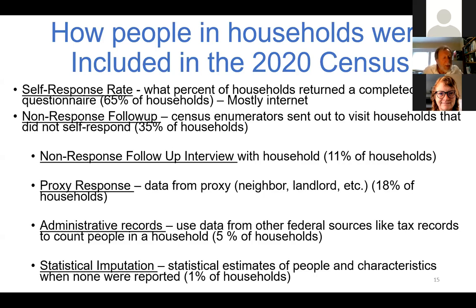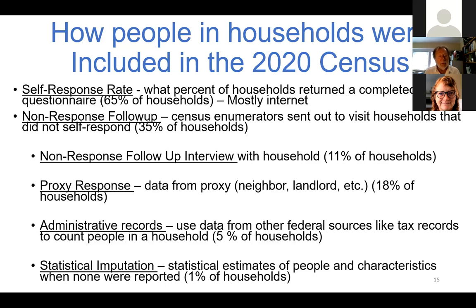Going on here, administrative records: if the Bureau doesn't get a response from any of the things above, they will use what they call administrative records, which is a set of data the government has already collected, like IRS tax records and Social Security and Medicare and some other big files like that.